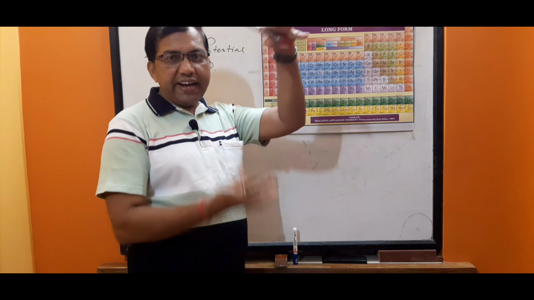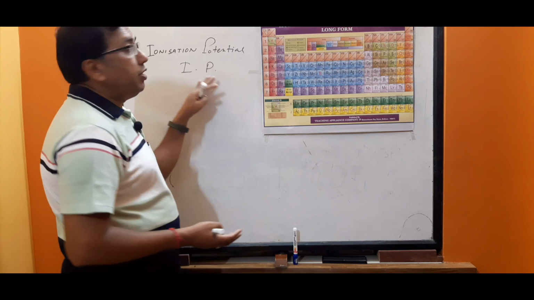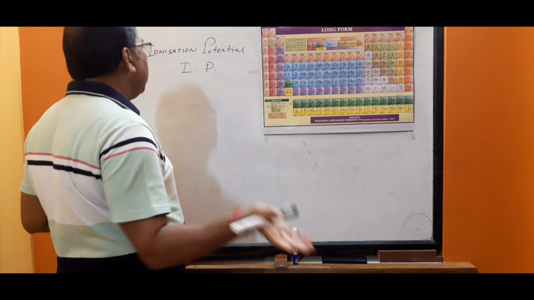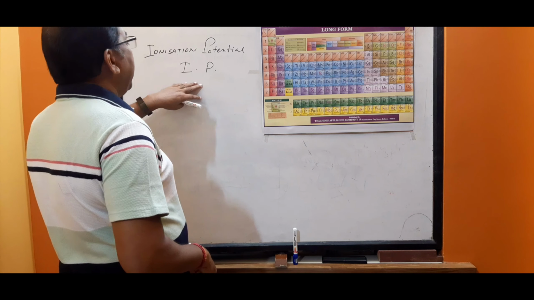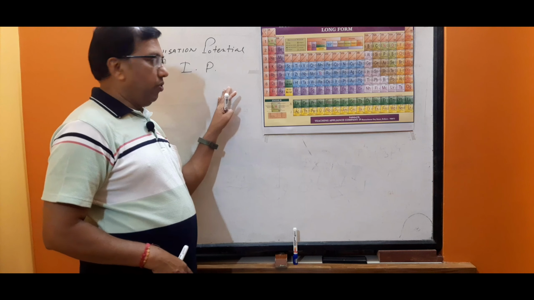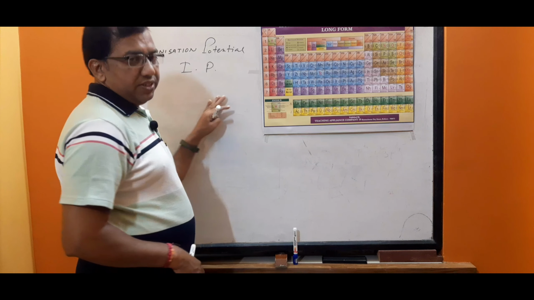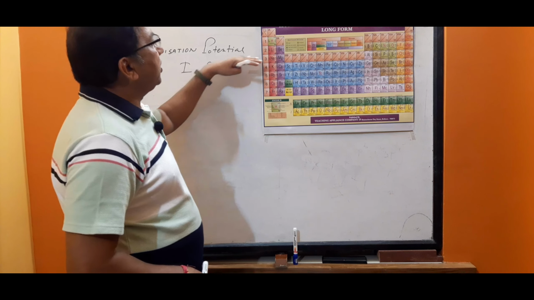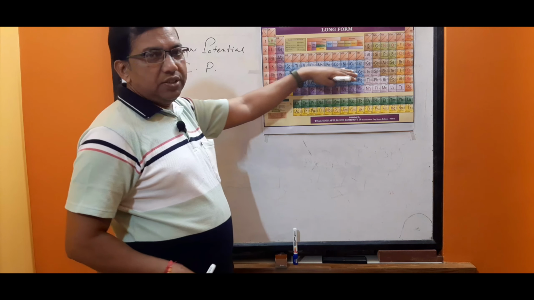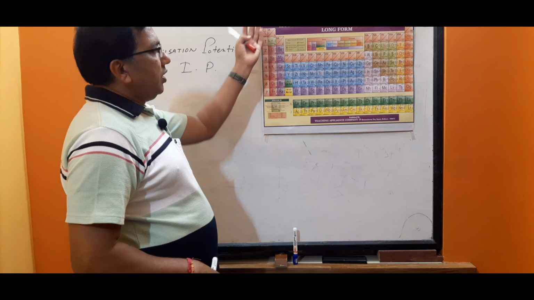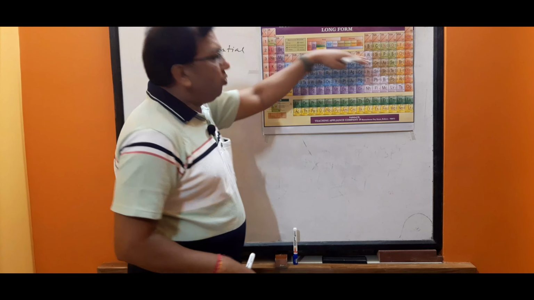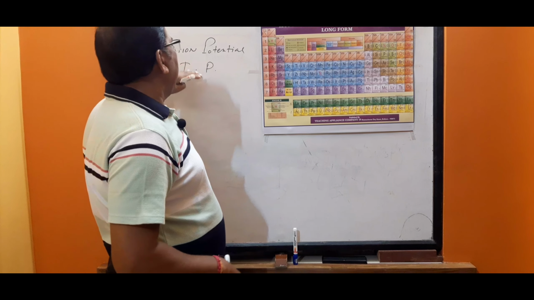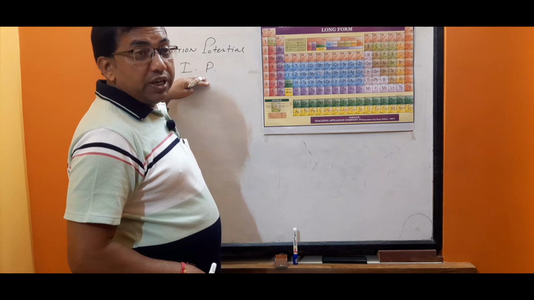All these are the factors upon which the IP depends. What will be the trend of the ionization potential from left to right and from top to bottom?